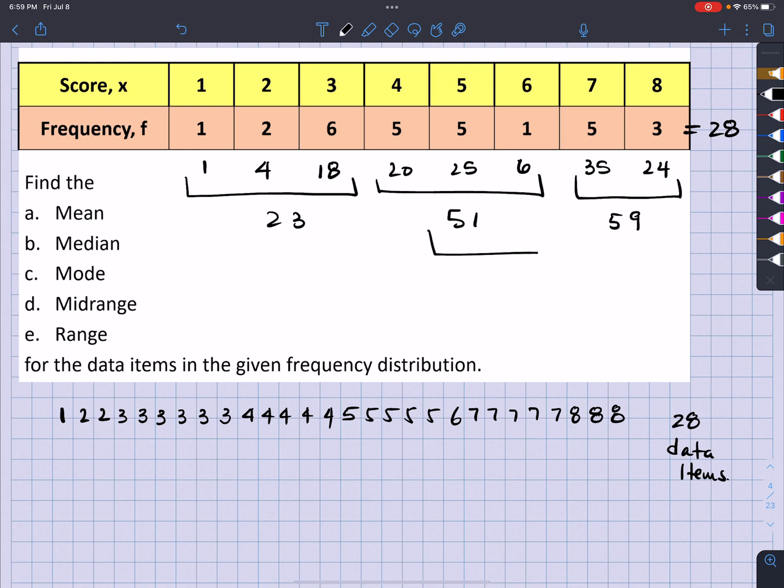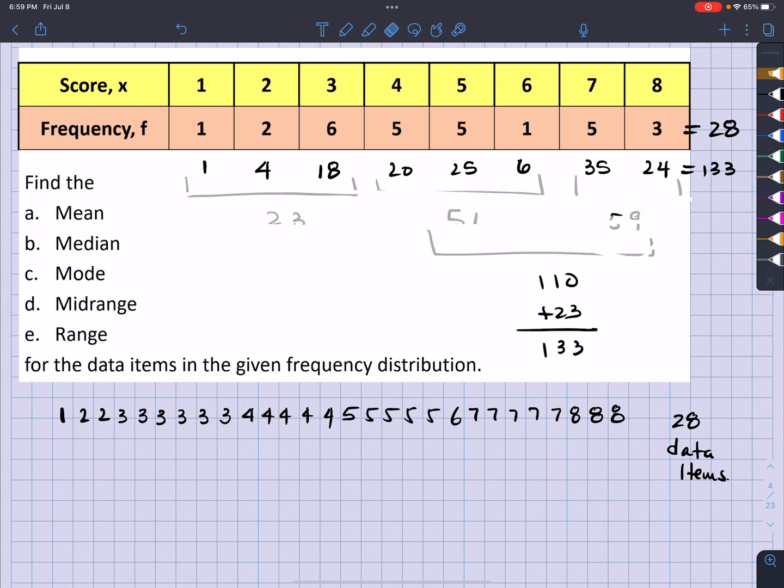If I add these two together, I'm going to get 111, because 9 plus 1 gives me 10, carry the 1, 11, there we go, and then add the 23, I'm going to get 133, okay? So you guys can do that right on your calculator, so that is going to equal 133 when I add all of those up, right? Okay, so there we go.